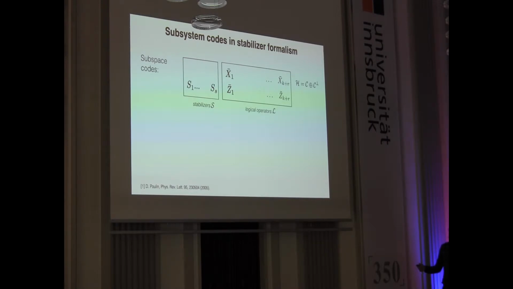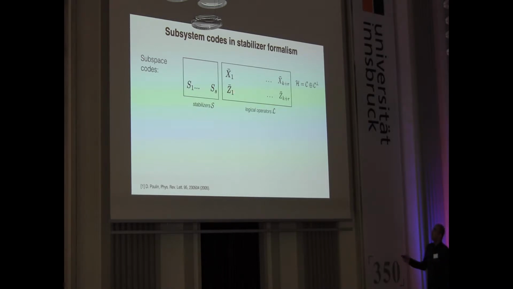The simultaneous +1 eigenstate of all these Paulis would define my code, and any error that anti-commutes with one of them would be some error that I can detect. The rest of the space, I can define my logical operators in it. So I will have logical qubit 1, logical qubit 2, up to any number that my space allows me.